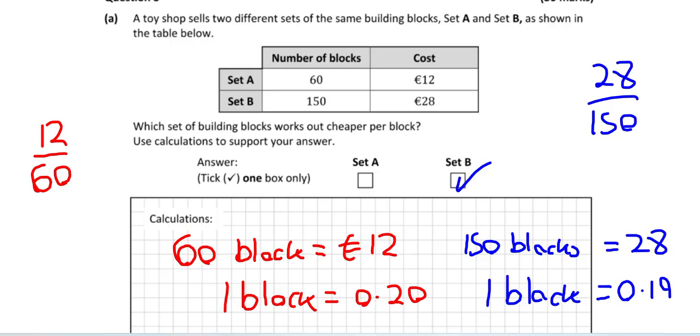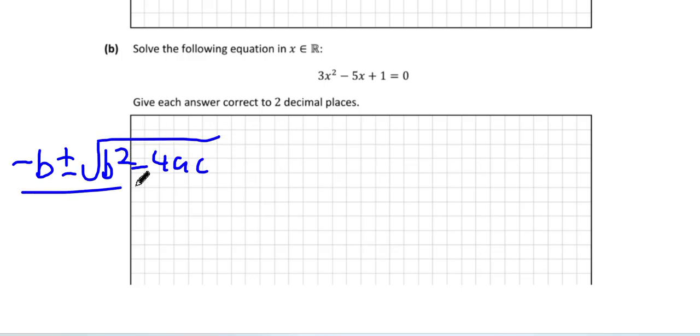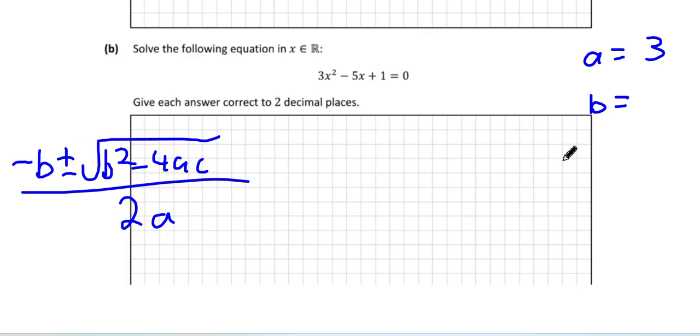Yeah, that's it. So you go to the front of your maths tables and you write down this formula. What's the A value? It's what comes in front of the x squared. What's the B value? It comes in front of the x. Nearly 5.